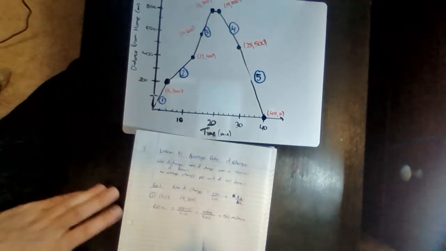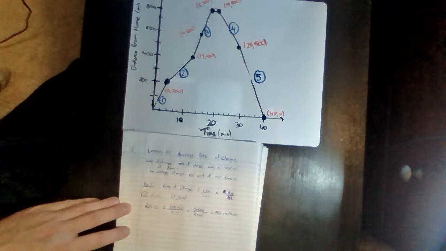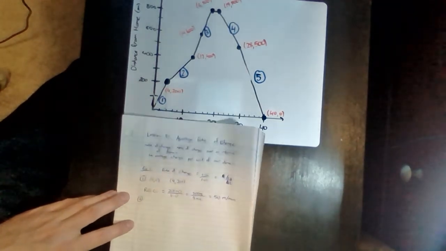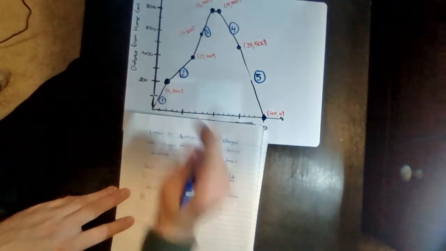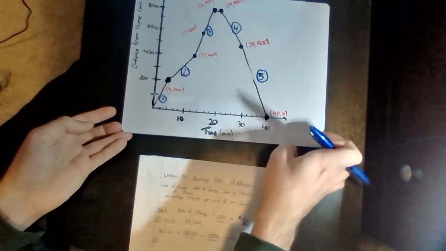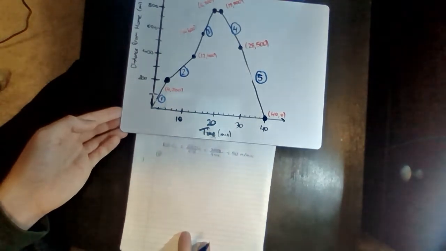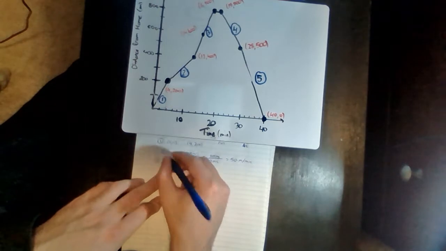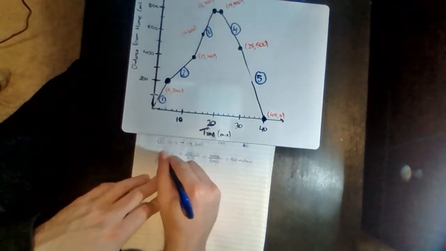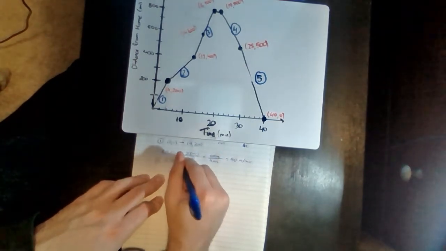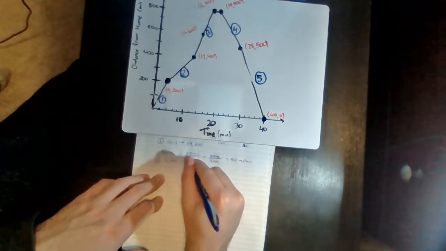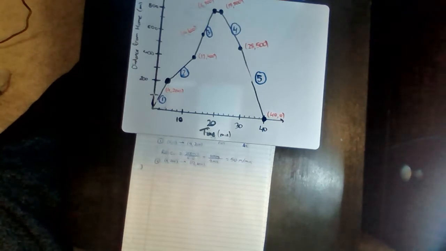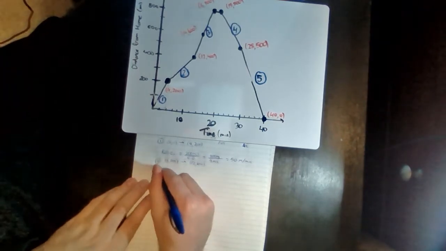Similarly, we can look at any of these other sections. So we can look at section 2. In section 2, we're going from the point 4, 200 to our new point 12, 400.